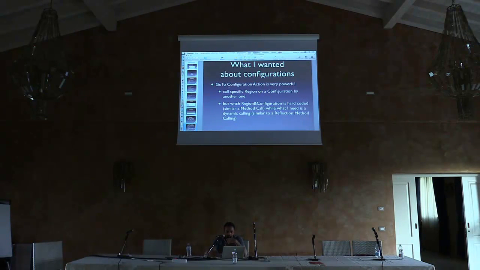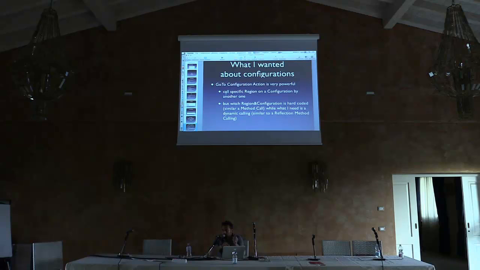So the do configuration action is very powerful for this scope. It calls a specific region of a configuration from another one, but the region and configuration are hard-coded, similar to a normal method call. What I need is a dynamic call similar to a reflection method call.